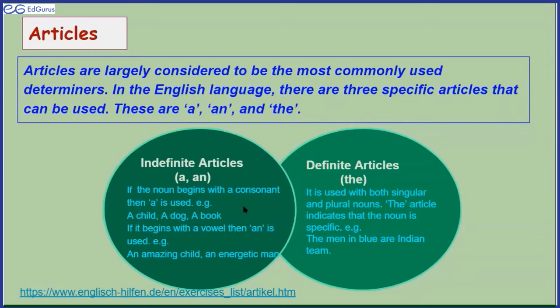If the noun begins with a consonant, then a is used. In the English alphabet, there are 26 letters. Out of 26, 5 letters, A, E, I, O, U, are called vowels. With words beginning with any of these vowels, we use an.